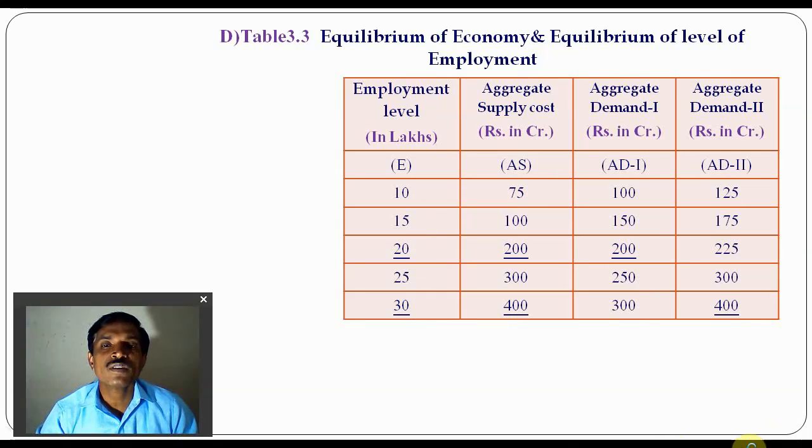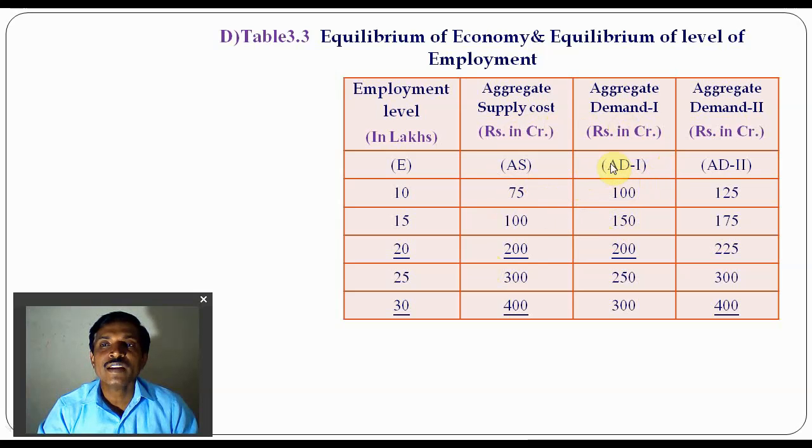At 10 lakh employment, the aggregate supply cost is 75 and the aggregate demand is 100. And when the employment level becomes 20 lakh, 200 crore rupees is the aggregate supply and the aggregate demand is also 200. So here is the equilibrium level of the economy.